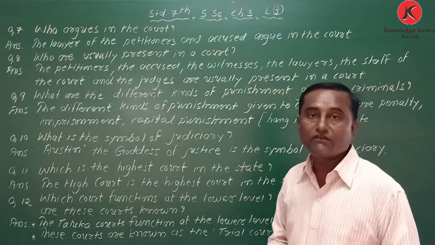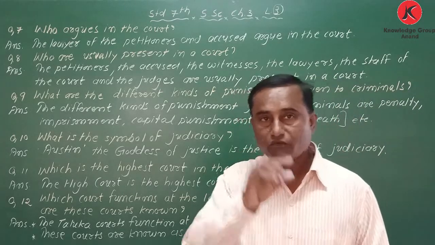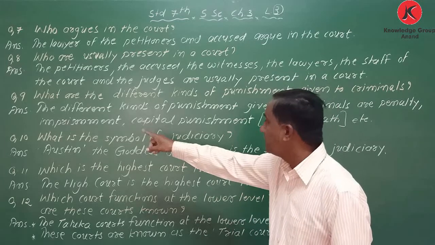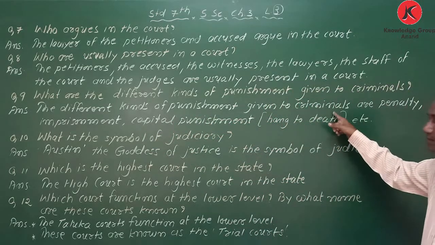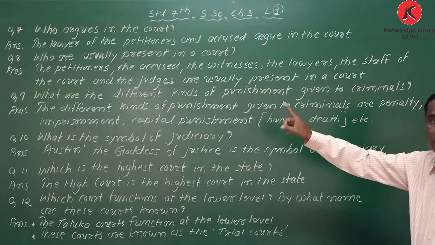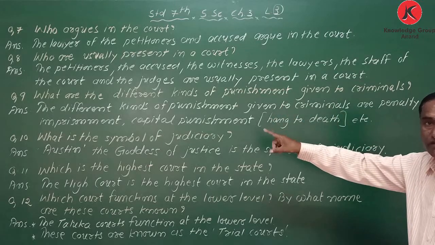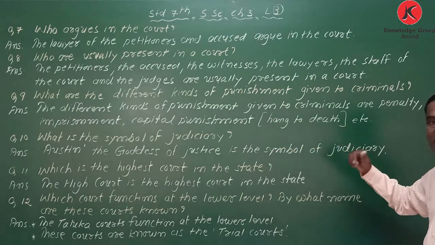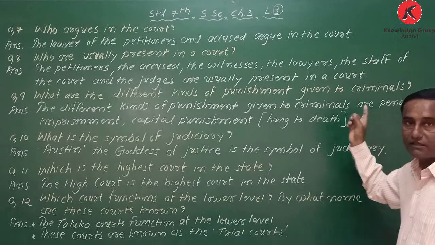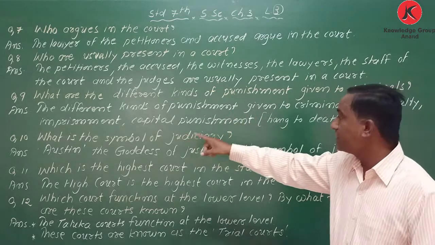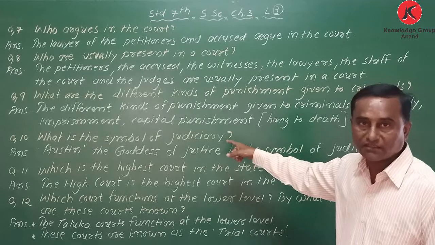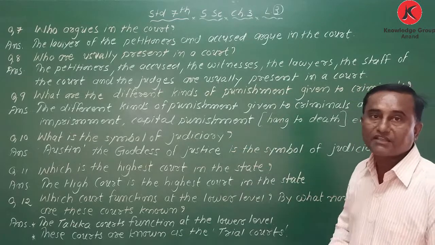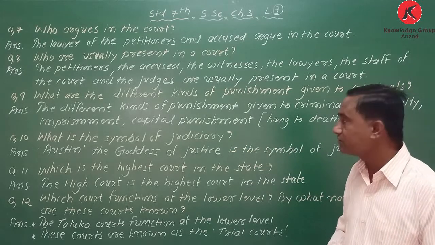Once again, I repeat, the different kinds of punishment given to criminals are penalty, imprisonment, and capital punishment. Capital punishment means hang till death, etc.